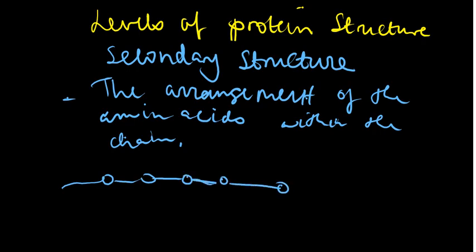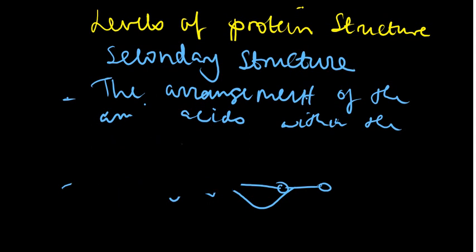It's a long chain. But when you look at the secondary, it is the way these amino acids are actually connected to each other. The way in which they're connected is what will give them their shape. So for instance, we have two types of secondary structures.